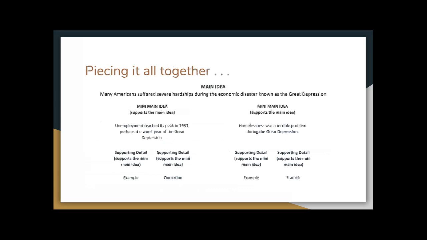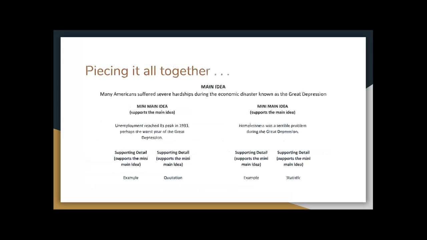In the next paragraph, we have another mini main idea, which is homelessness was a terrible problem during the Great Depression, which supports the hardships that the author is discussing as the overall main idea of the passage. And to support that homelessness was a terrible problem, he uses two supporting details, examples.